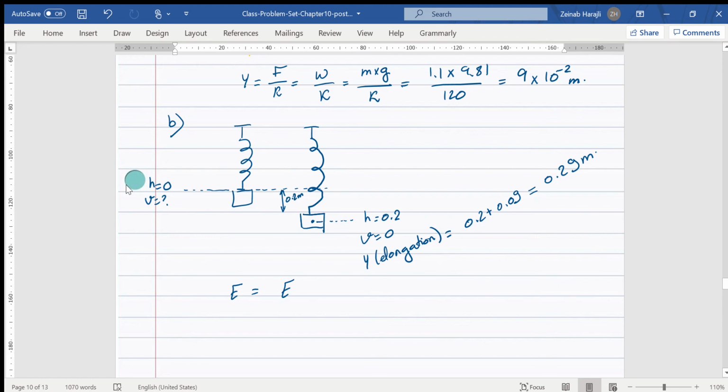Okay, so let's solve for the energy. Let's name this point A and this point B. And like we said, at point A, we want the speed. And we know that at this point, the elongation is equal to just 0.09, right?